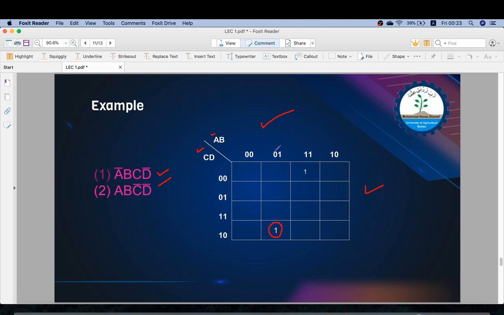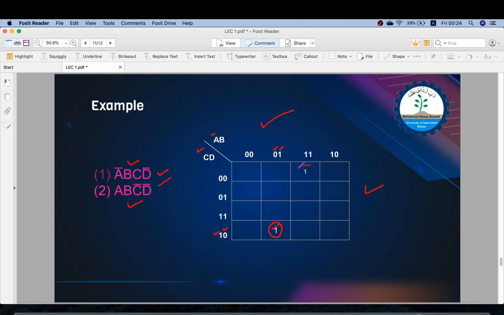How? Here A complement, B, C and D complement, and it's the same as our equation, A complement, B, C, D complement. So this is the point where it meets all the requirements, so we put 1 here. Now the second equation is A, B, C complement, D complement.